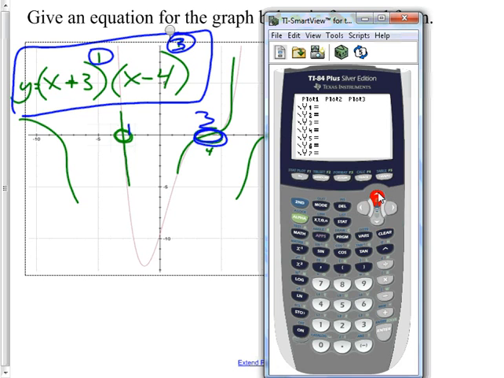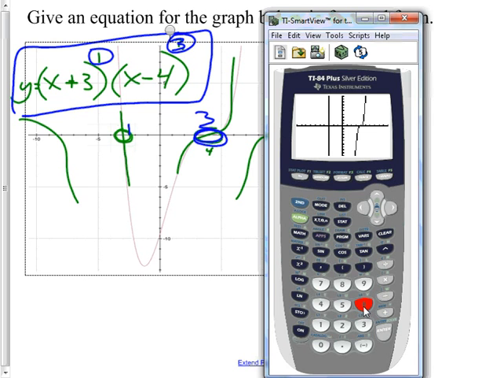Okay, so we got parentheses x plus 3, parentheses x minus 4, and parentheses, and then I got to put to the power of 3. And I hit graph. My window's messed up. I'm going to try zoom 6 to get a normal window.